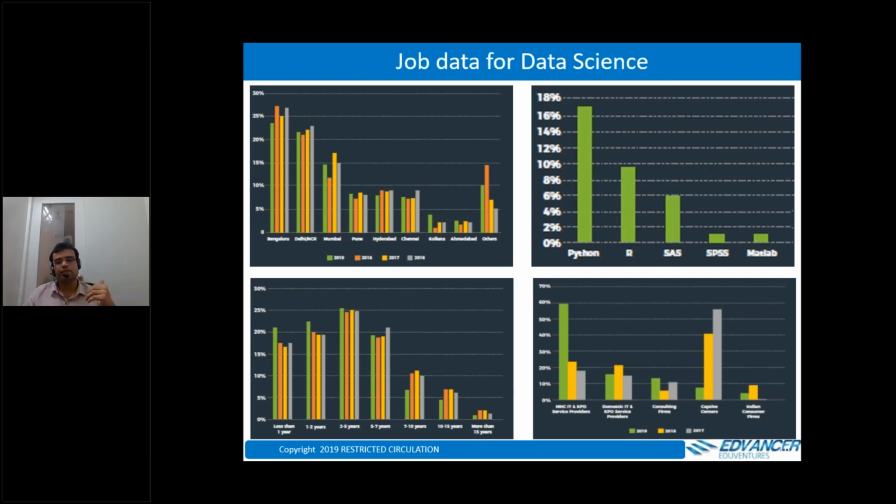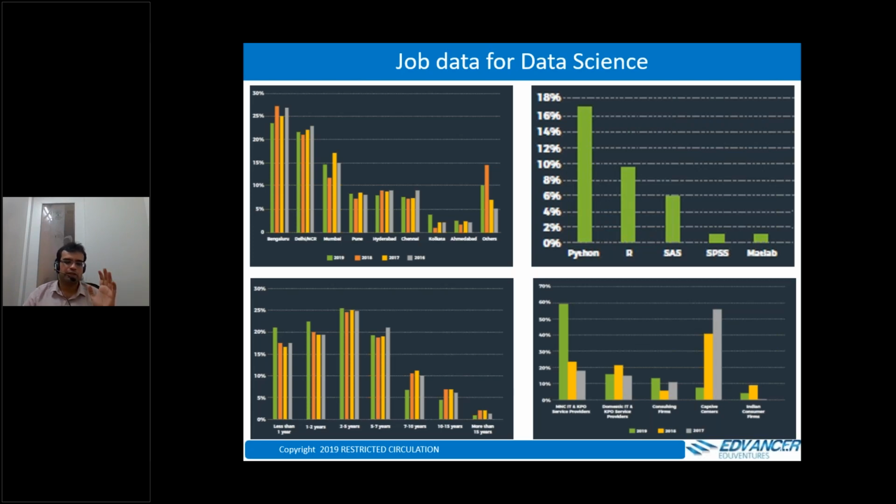What kind of experience levels are people being hired at? The chart at the bottom left corner shows 20% of jobs are for those with less than 1 year of experience, that is freshers. For those between 1 to 5 years of experience, more than 45% of jobs are for such people. For those between 5 to 10 years of experience, more than 25% of jobs.